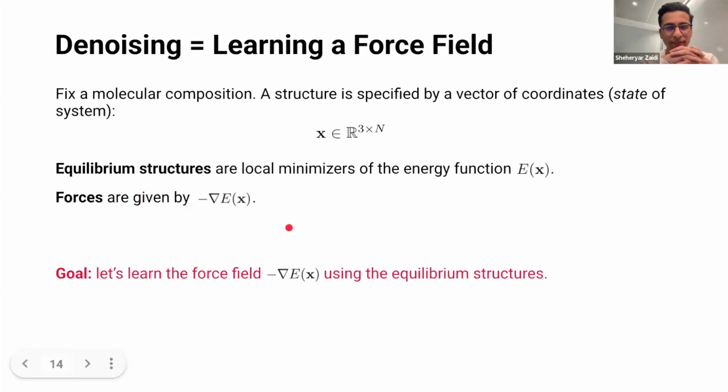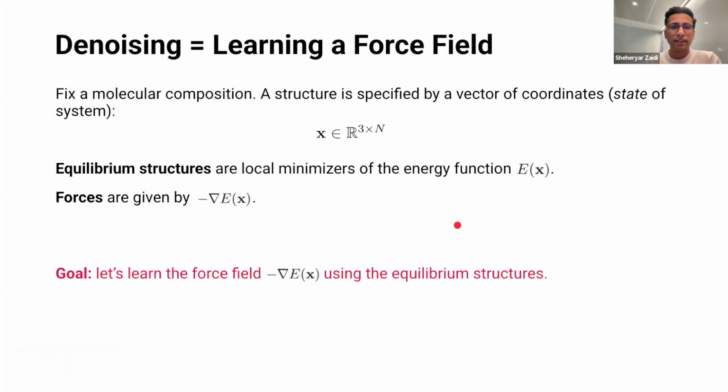So the crux of the denoising work, one of our speculations here, is that suppose we could learn negative grad E of X, then that might be a useful way to build good quality representations for downstream tasks. This is to begin with just a speculation that we want to empirically check.